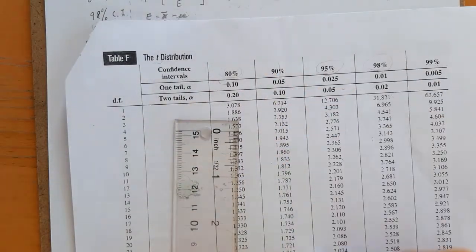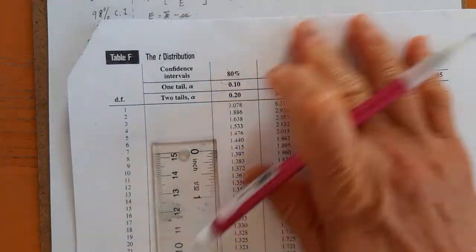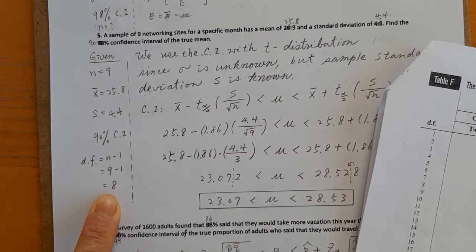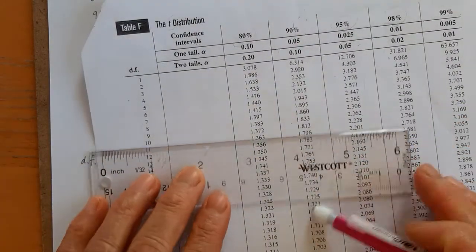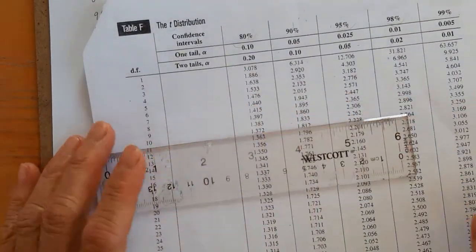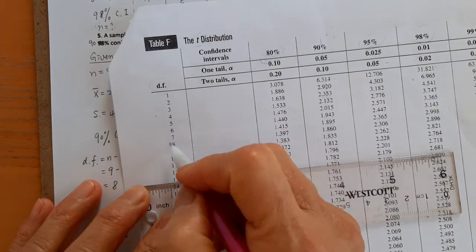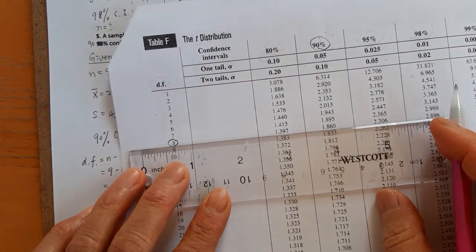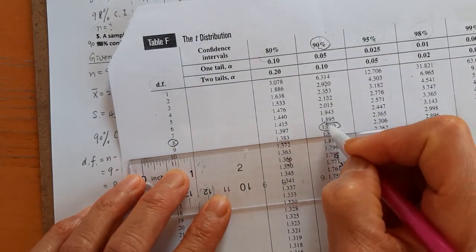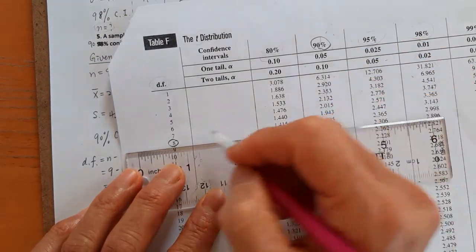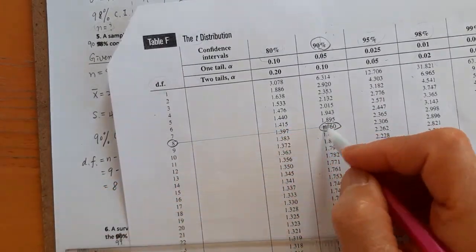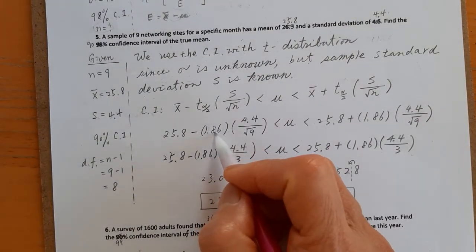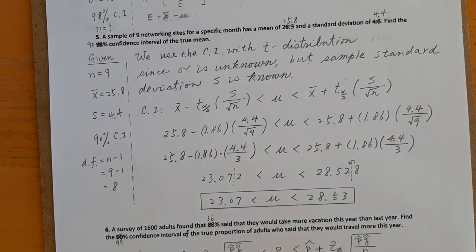The degrees of freedom is 8, and the 90% intersection is this number, 1.86. So use 1.86. That's the t-score.